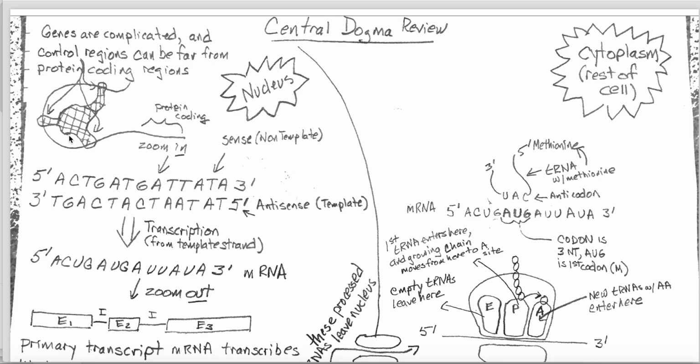It's wrapped up in protein, and how the DNA is accessed and what parts of the DNA are read is pretty complicated. So I say genes are complicated. Control regions can be far from the protein coding regions. The part that actually turns into protein that is read by a ribosome is only part of the gene, and other parts of the gene that say, okay, let's make a lot of this gene or let's not make much of this gene, those can be physically far away on your DNA strand.